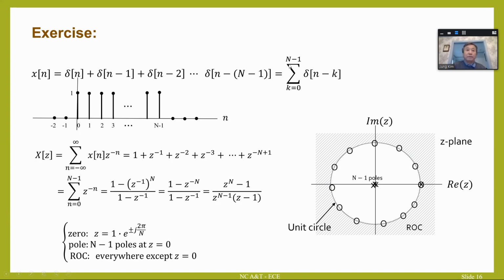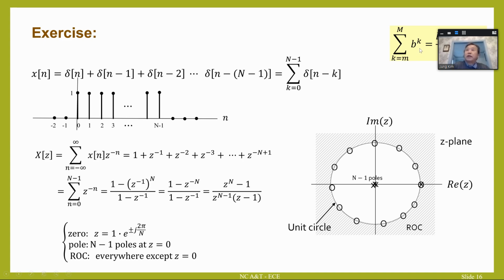Then we can use the summation starting from n equals 0, with the last point being large N minus 1, with amplitude 1 times G to the minus n. So we are using the closed form here.